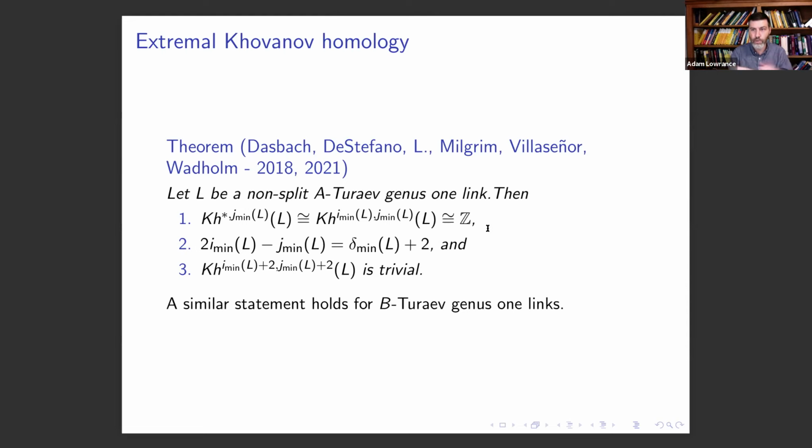Of course, if you have that, then when you take the graded Euler characteristic, you get back a coefficient of plus or minus 1. And we were able to lift that. The second statement says something about which diagonal that initial rank 1 summand has to live on. Effectively, it has to live on the middle diagonal.